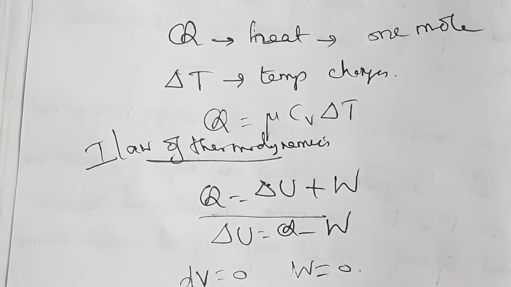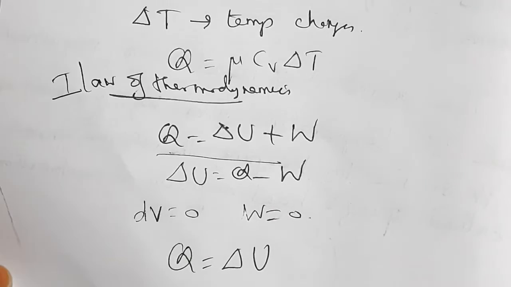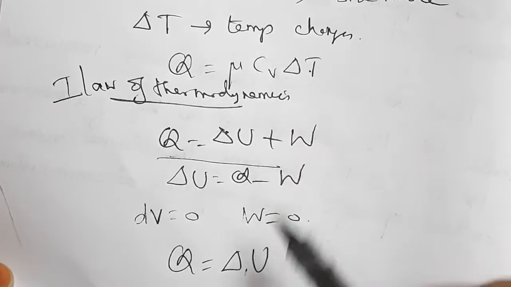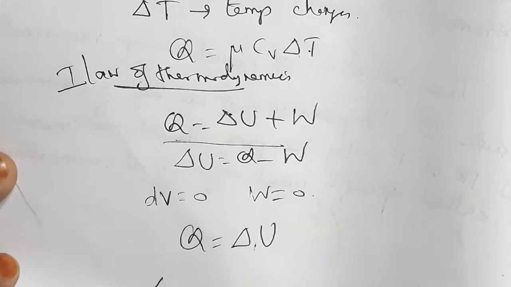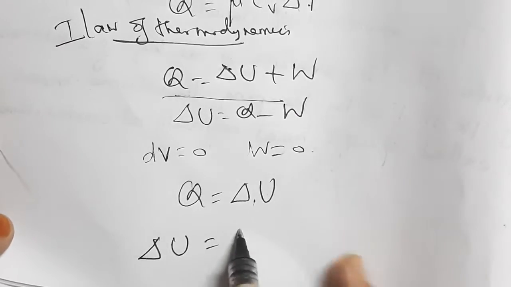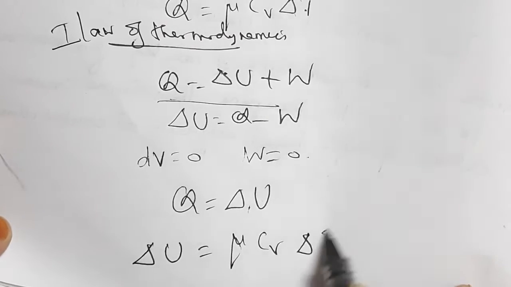Understand? So Q is equal to delta U. If we compare this Q and the earlier Q, we can equate the right hand sides. Delta U is equal to mu Cv delta T.